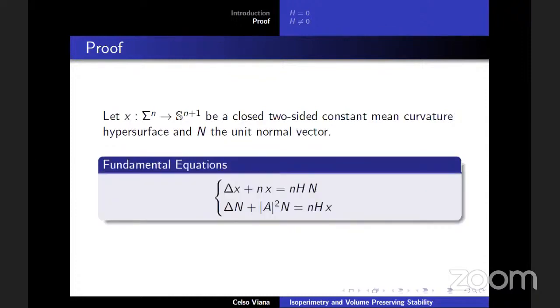And they satisfy good equations, which are given here. I'm calling them fundamental equations, okay? So the idea is to use these equations for the position vector field and the unit normal vector field in our stability inequality, right? Remember, the stability inequality comes from the fact that the quadratic form is always non-negative for functions with average 0 on the surface.